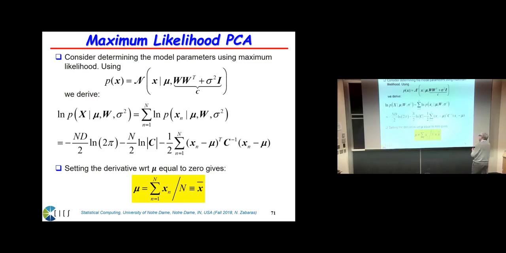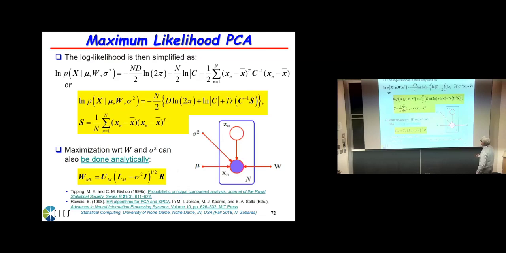When you maximize this, mu comes out, no surprise, as the sample mean. We could have guessed it. And here is the answer for W. I'm just going to give you the answer without much discussion here. You can show that U is an orthogonal matrix.